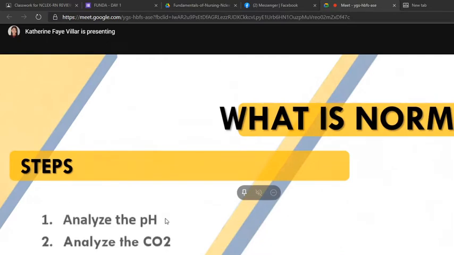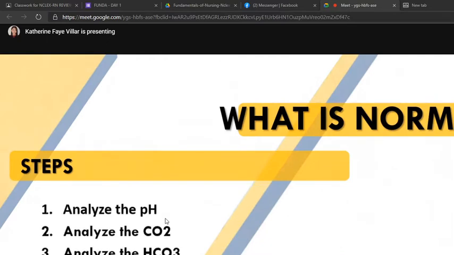So, first is to analyze the pH. And next is to analyze the carbon dioxide. Okay? Dapat alam natin yung value. And what is the normal range again? 35 to 45 millimeter mercury. And next step is to analyze for the bicarbonate ions. Okay? So, analyze nyo ulit kung acidic ba or alkaline.